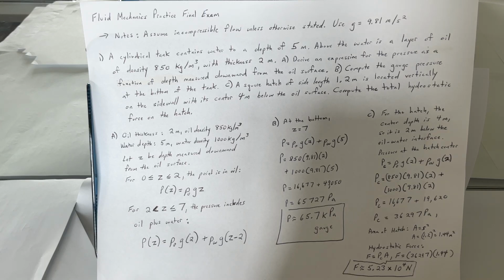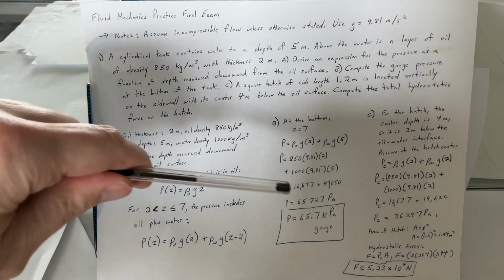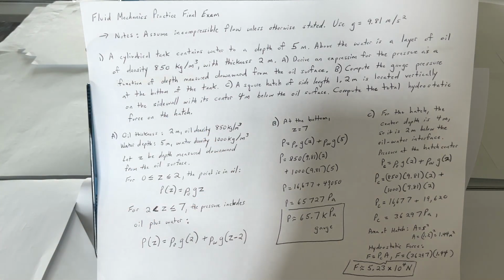Just plug in our quantities, and we will wind up with P sub C equal to 36,297 pascals. After we compute that, we get the area of the hatch. Well, it's a square hatch, so the area is s times s. So 1.2 squared is 1.44 meters squared. So the hydrostatic force is F equals P sub C times the area.